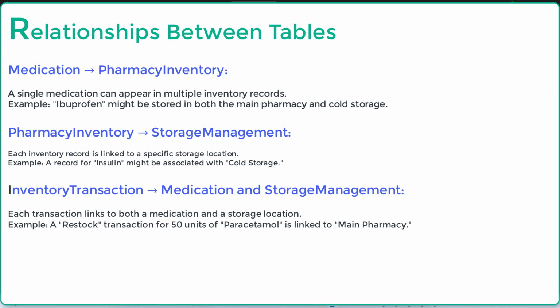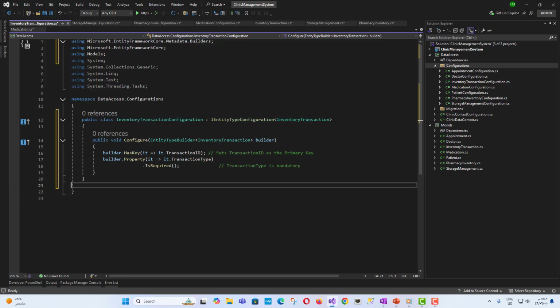Inventory transaction, medication and storage management: each transaction links to both a medication and a storage location. Example: a restock transaction for 50 units of paracetamol is linked to main pharmacy. Step 4.